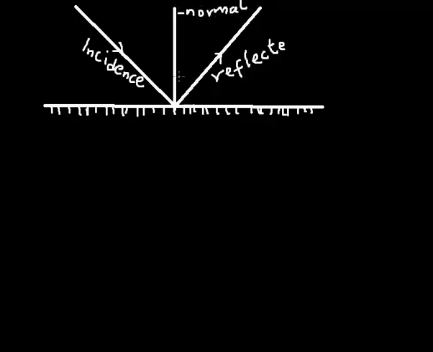Now, the angle that the incidence ray makes with the normal is what is known as the angle of incidence. I use i degrees to represent that. And the angle that the reflected ray makes with the normal, I use r degrees to represent.